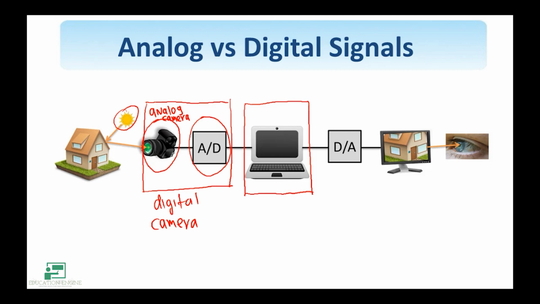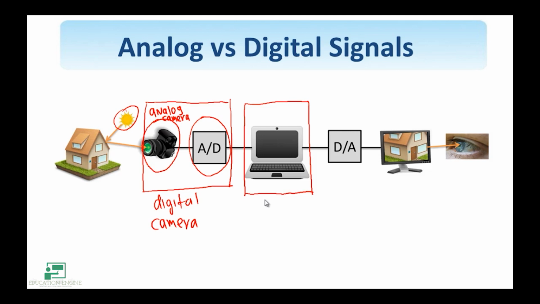After the digital image is processed by the computer, and again, this is the main objective of this class, we'll talk about techniques that will allow us to process digital images. We want to take the processed image, and in many cases, we want this image to be seen by the human viewer.